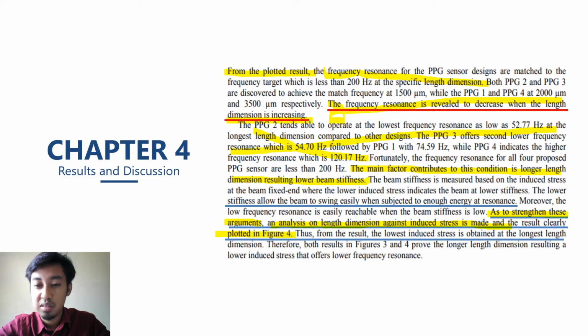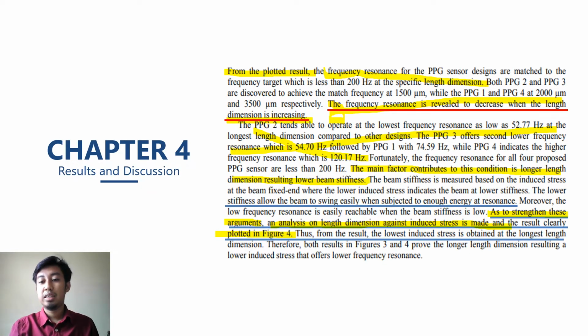From the result, the lowest induced stress is obtained at the longer length dimension. Therefore, both results in figures 3 and 4 prove the longer length dimension results in a lower induced stress that offers lower frequency resonance. So it is very clear, right?